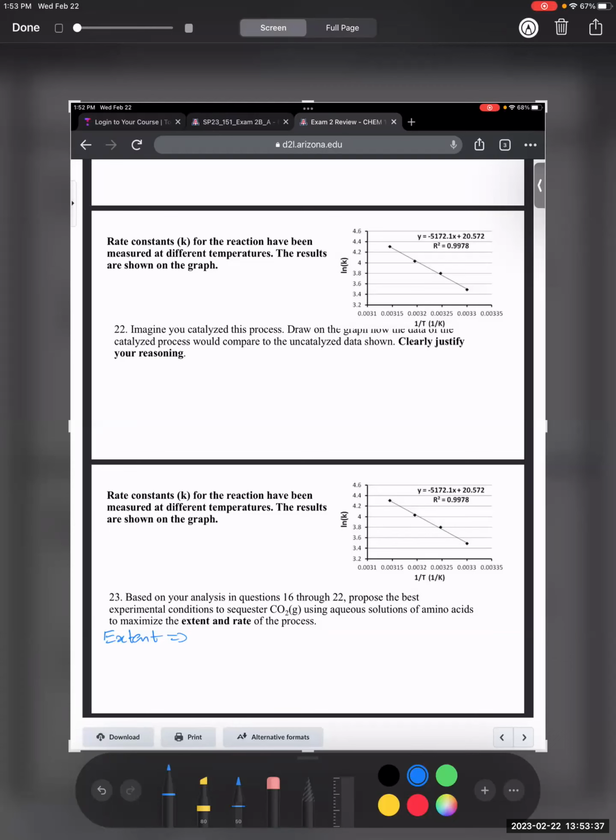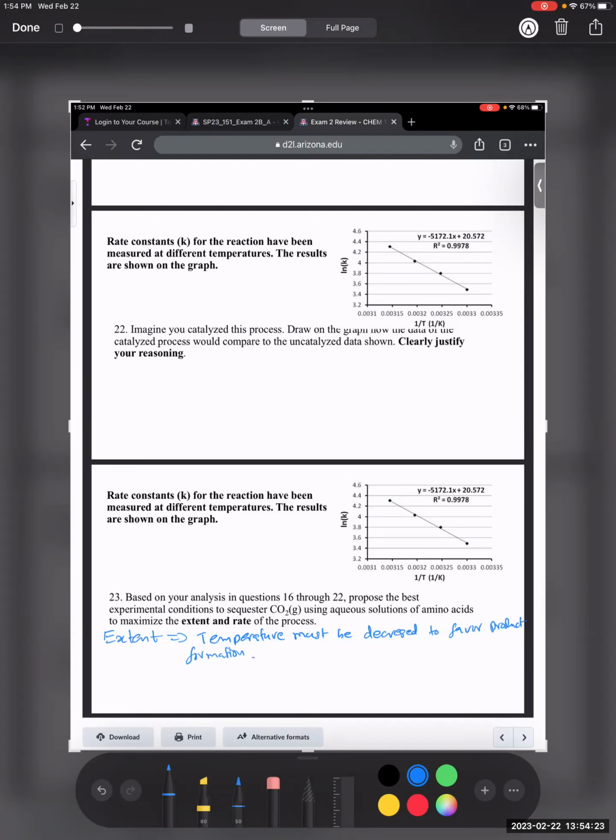Temperature must be decreased to favor product formation.